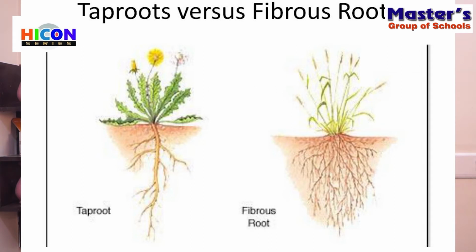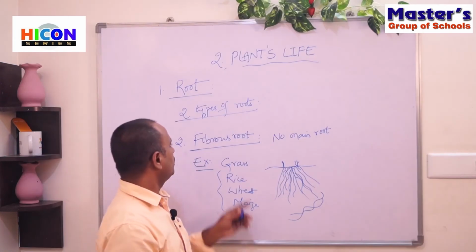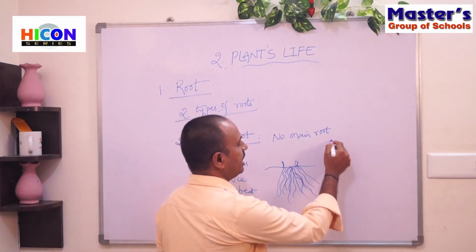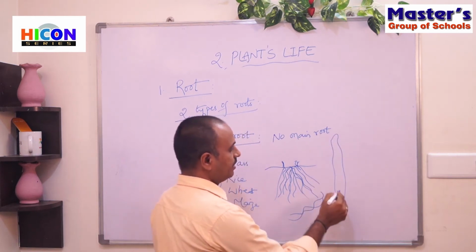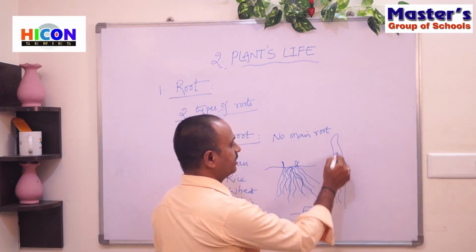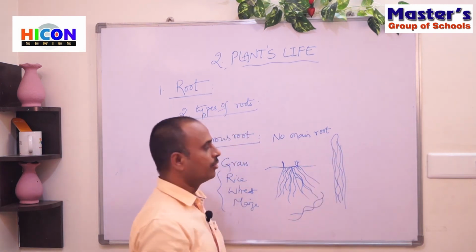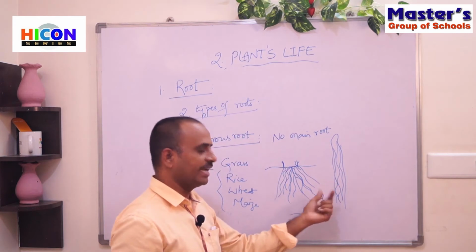We can easily tell whether the plant has fibrous roots or taproots by just observing its leaf. The leaves of these plants will look long and narrow, and the veins will be like this, and there will be no midrib and side veins.